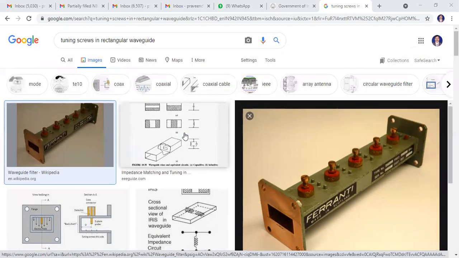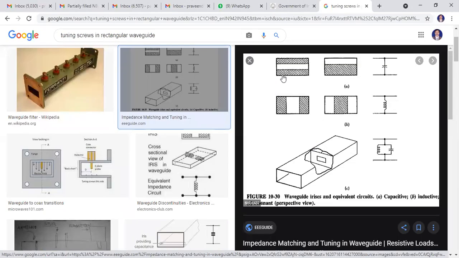In the same manner, this is the post, you can see. Inside, there is a fixed one. This is the metallic structure, the metallic plate that is inserted in our waveguide. Now see, this is the case. On only one side, on the broader side, it is the capacitance effect.